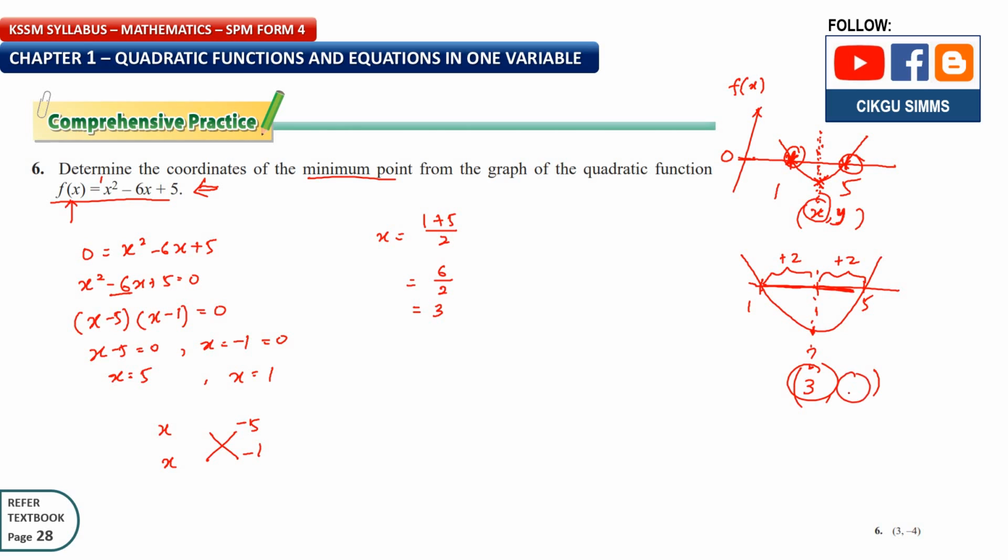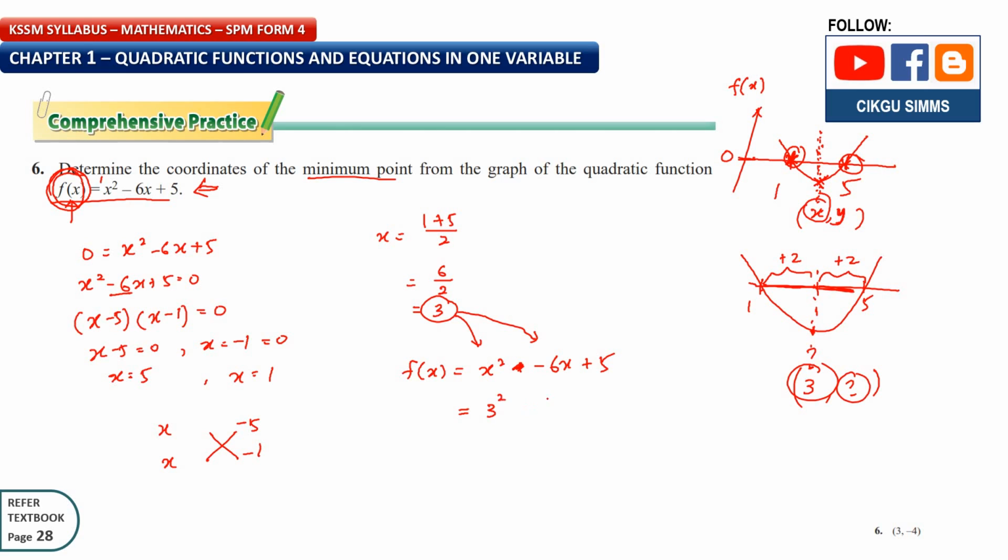Now I need to find my y value. How to find the y value? See, your y is here. So you can rewrite the equation. Your x is 3, right? You can substitute here. When x is 3, what is your y?